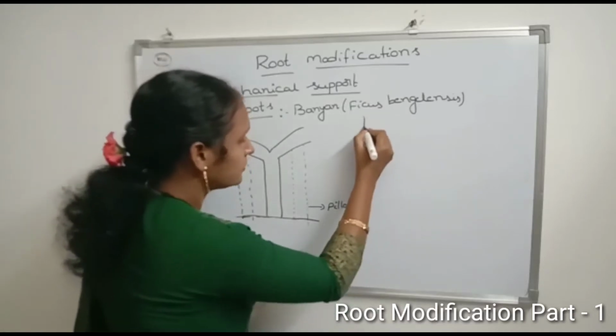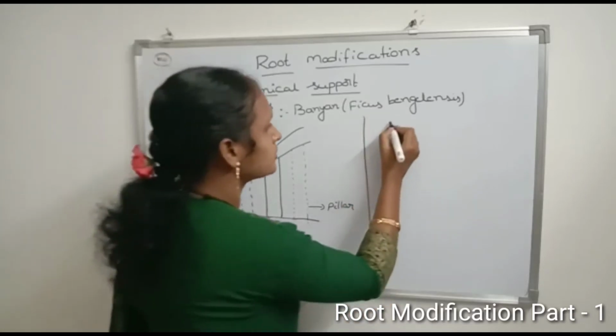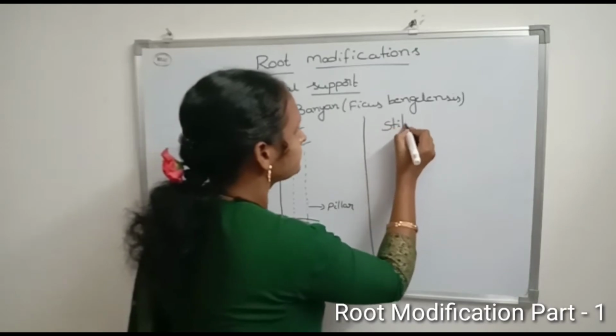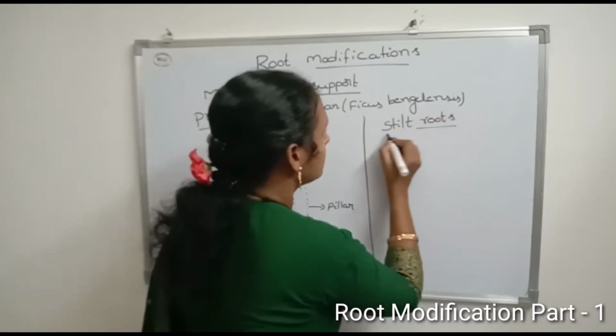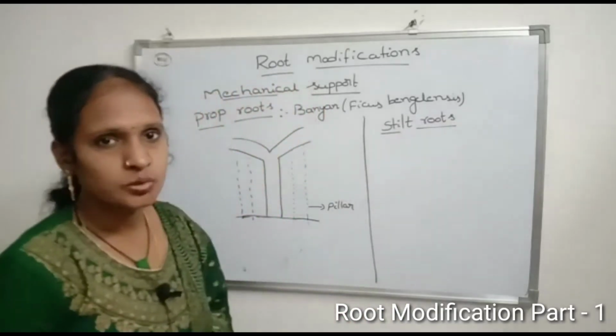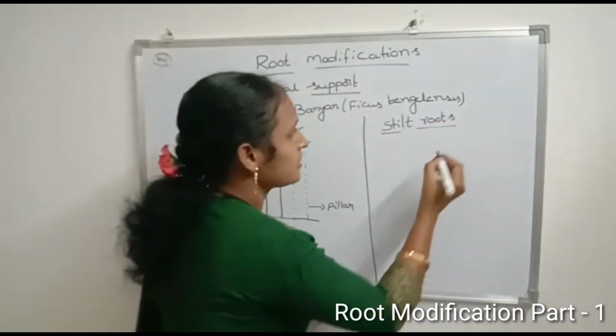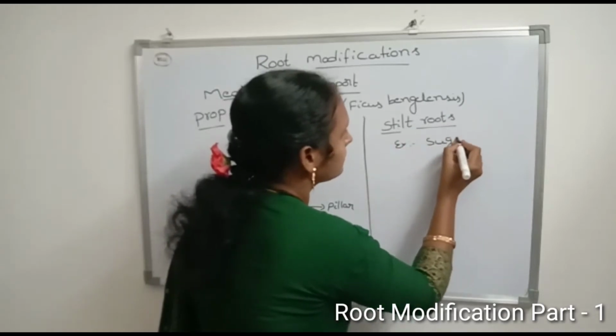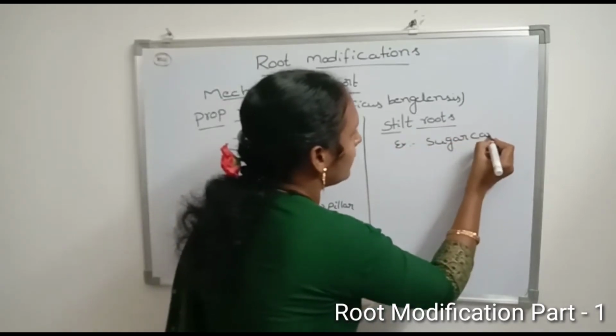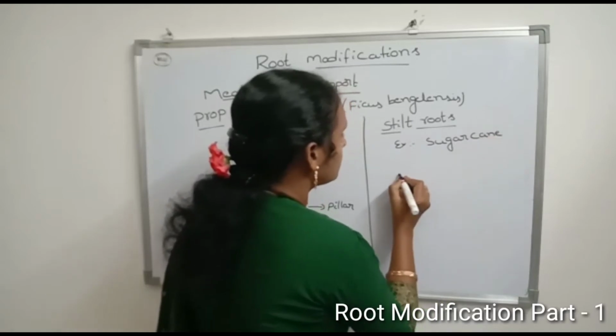And the next one is stilt roots. Examples of stilt roots are sugarcane and maize.